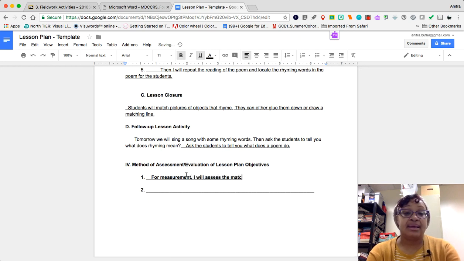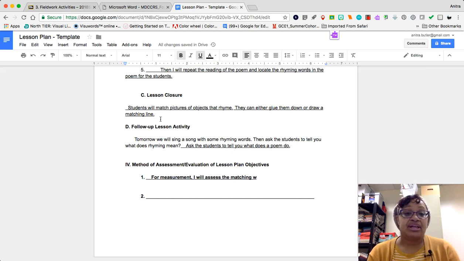For measurement, I will assess the matching worksheet because remember, as the lesson closure, you gave them a matching page. Students will match pictures of objects that rhyme. They can either glue it down or draw a matching line. So for measurement, you're going to assess the matching worksheet for mastery of this concept.